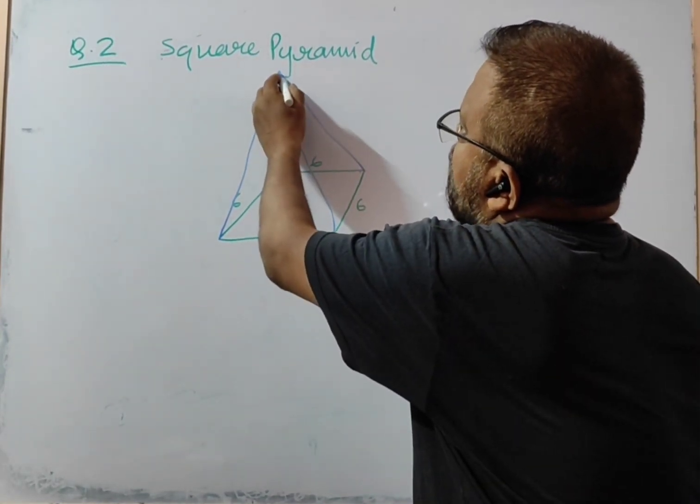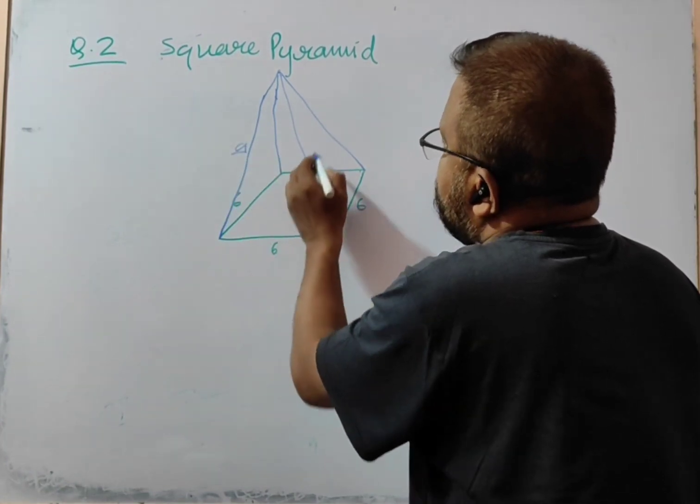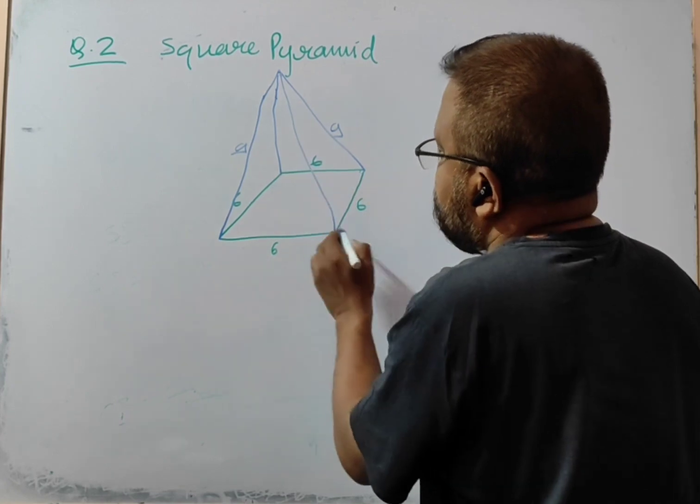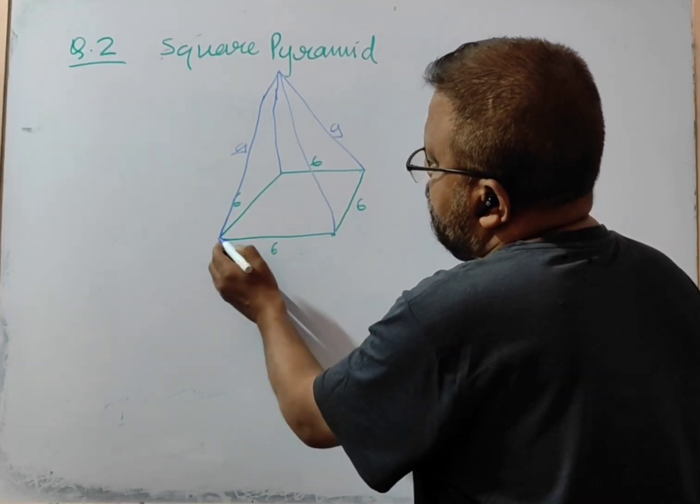This is the square pyramid, and its sides are 9 units, 9 units. The base is a square, right?